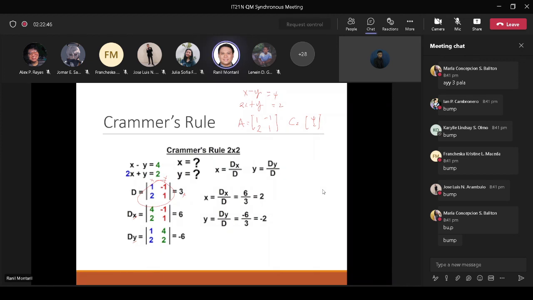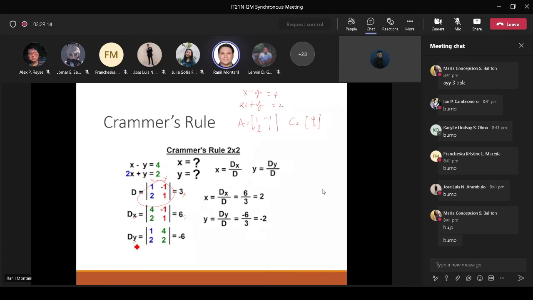Agree? This coefficient matrix, we are going to replace, no? Kung ano yung hinahanap natin. So this time, yung 1 and 2, i-replace natin ng 4, 2. And then let's get the determinants of that, dx, no? Let's get the determinants of 4, negative 1, 2, 1. So 4 times 1 plus 2, that is 6. Right?